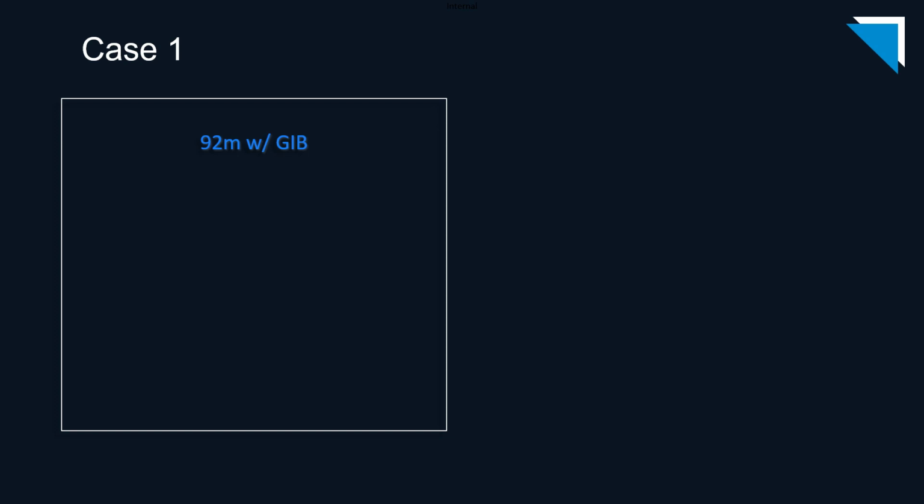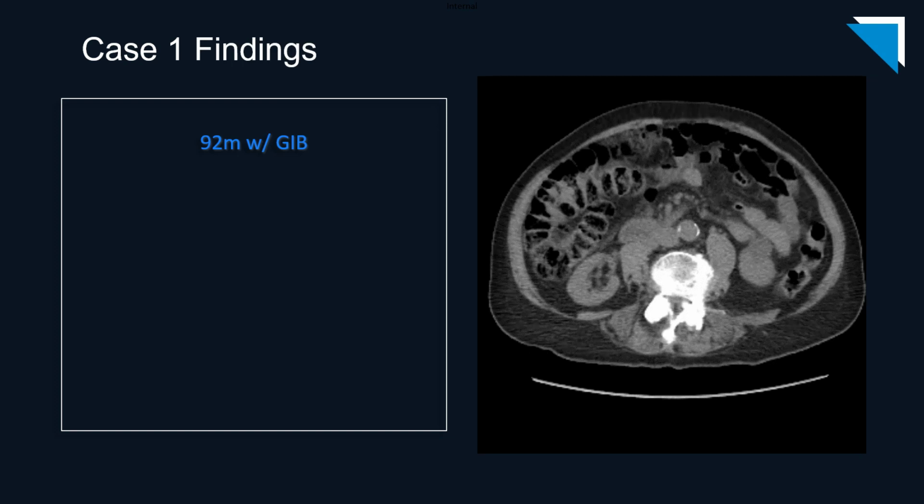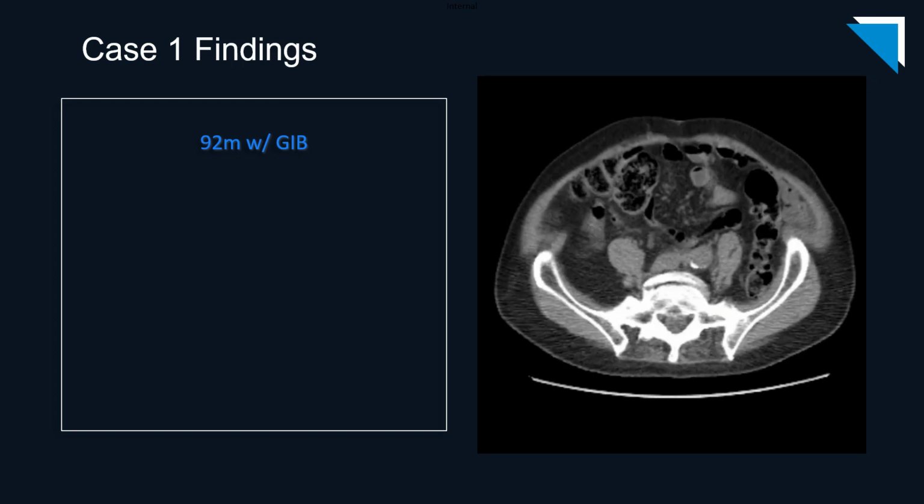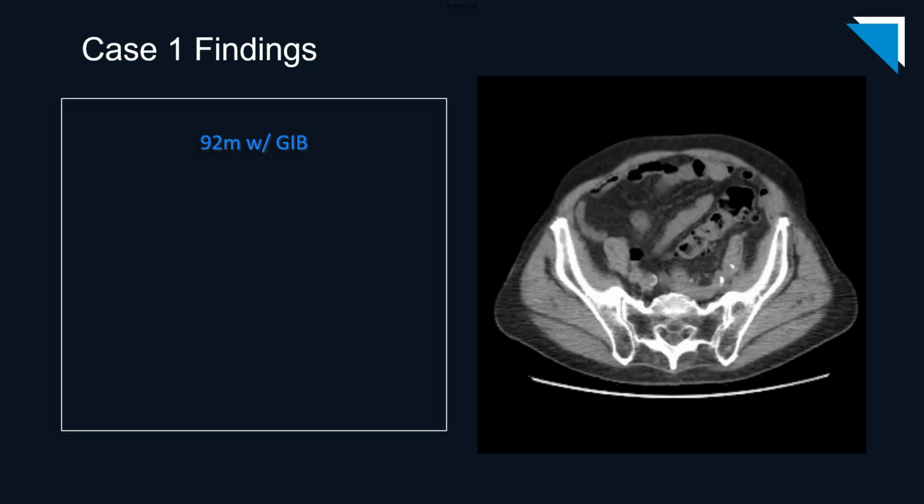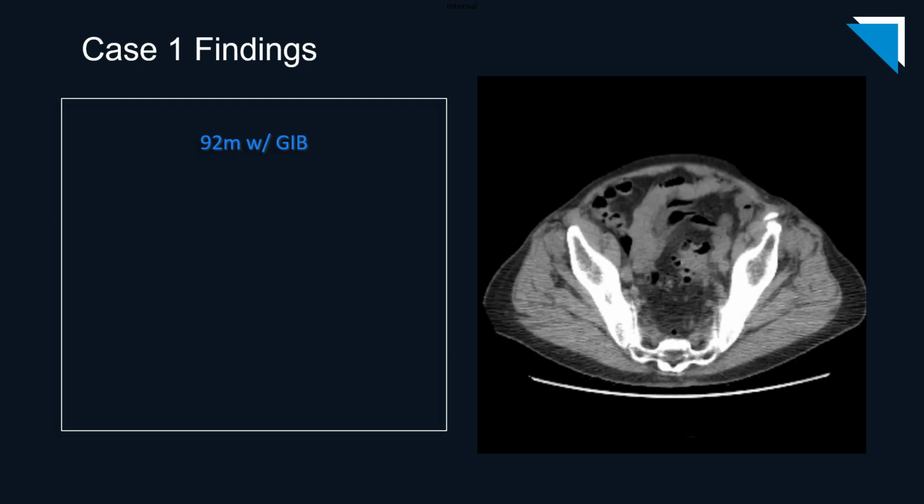This is a 92-year-old man with gastrointestinal bleeding. We'll begin by scrolling through the axial images from a non-contrast CT scan of the abdomen and pelvis.